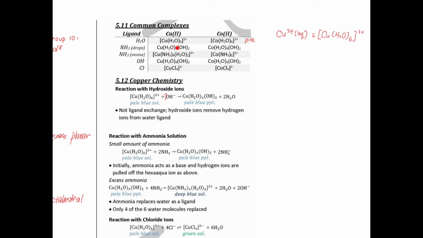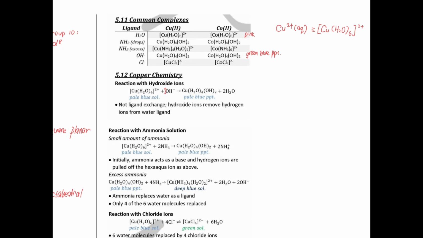So together with the color, you must remember. Oh yeah, just now I thought about the color, right? Actually, I know the color. I just put it in a place that is not obvious enough. This is actually green blue precipitate. If you put a bit of hydroxide to cobalt, then they form green blue precipitate.